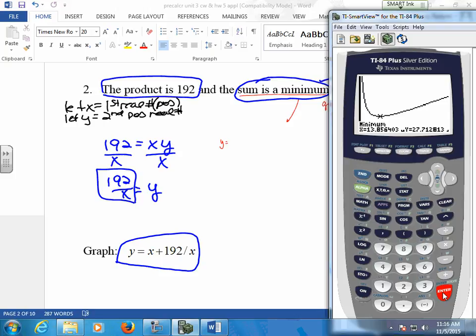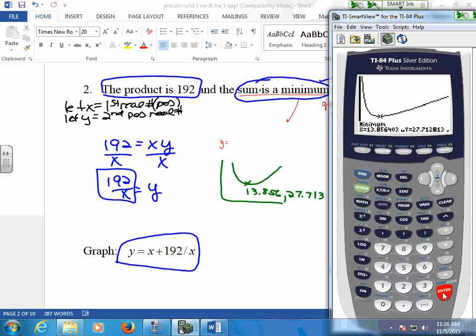So my minimum comes out to be, and when I have all those decimals, what do I round to? 3 decimals. 13.856, and my product is what I found here. My sum is what I'm finding in my Y1. So 27.713.